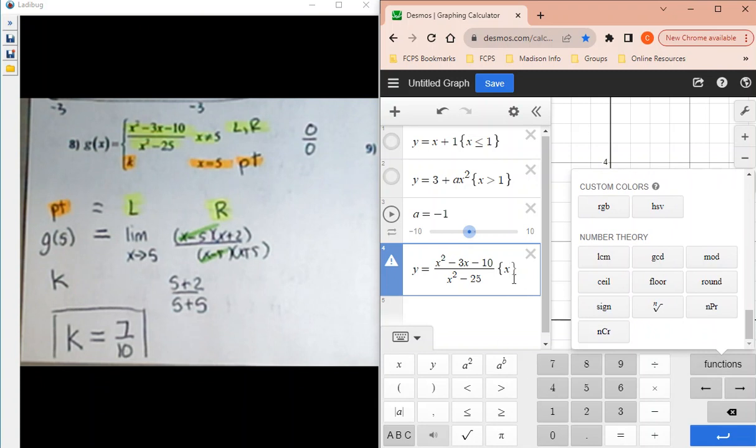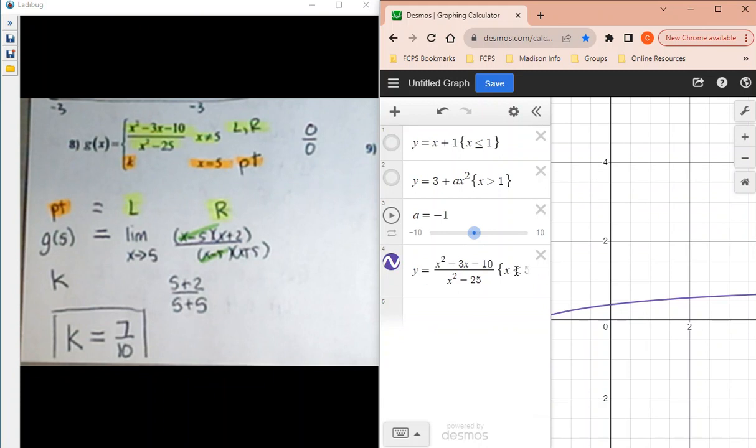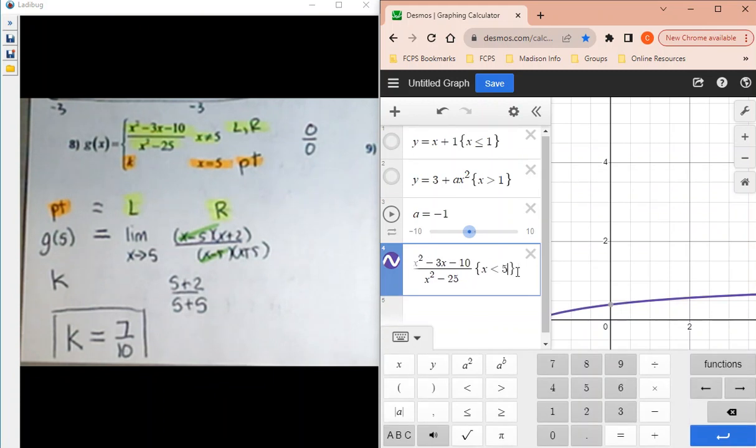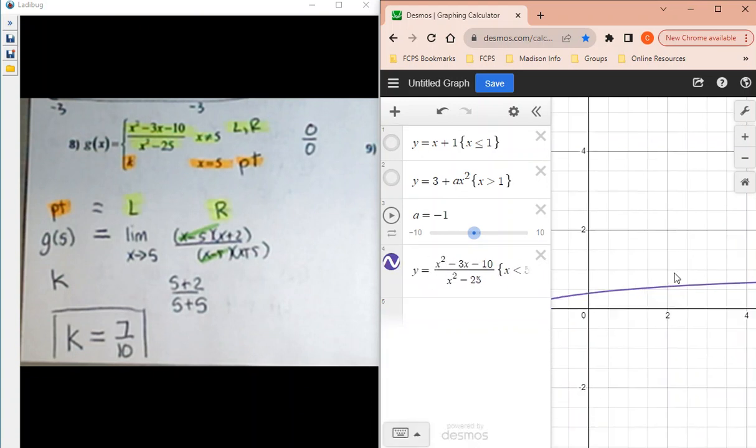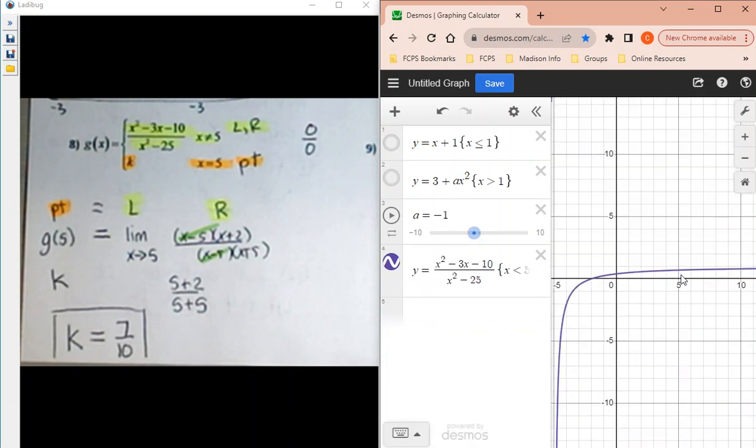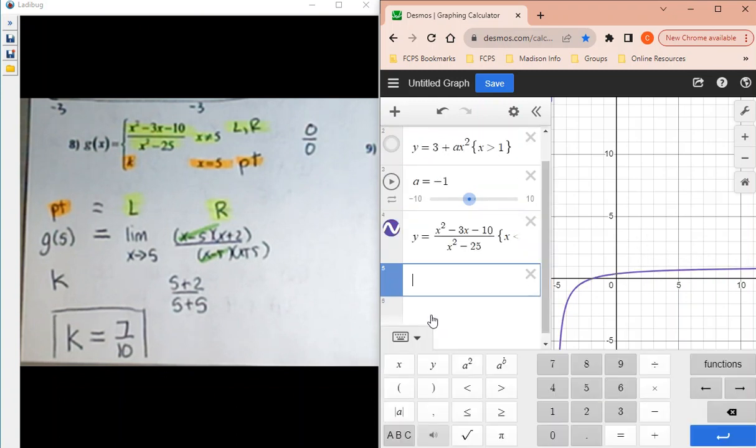I don't know if I can find a can't equals. All right. Well, can't equal 5 is less than 5 and more than 5. I think that works. Let's see. Oh, okay. Yeah, see that? It's not equal there.